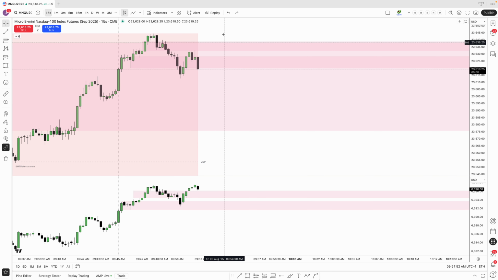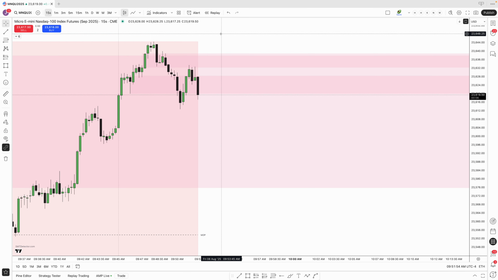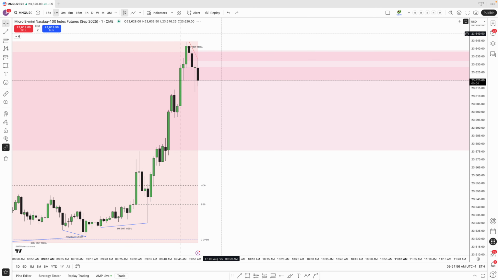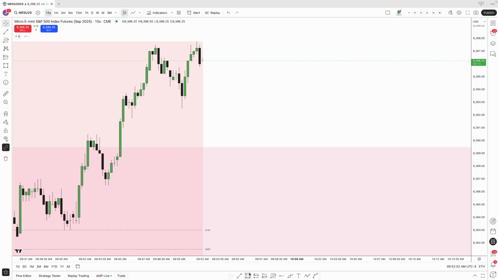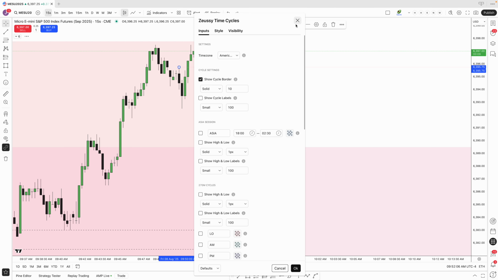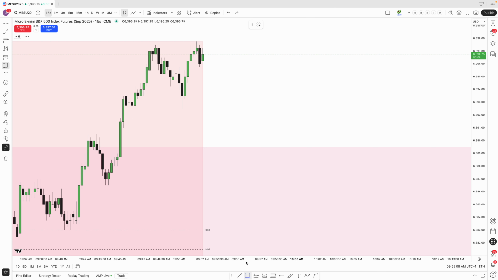So let's get in here, mark this out. I need this breaker to get inverted for shorts.